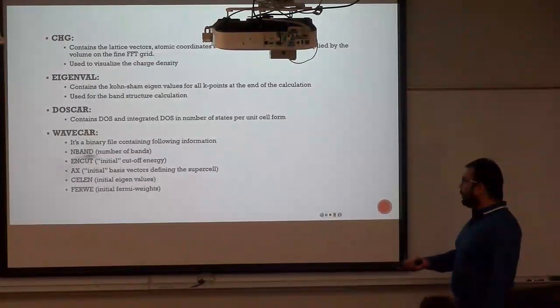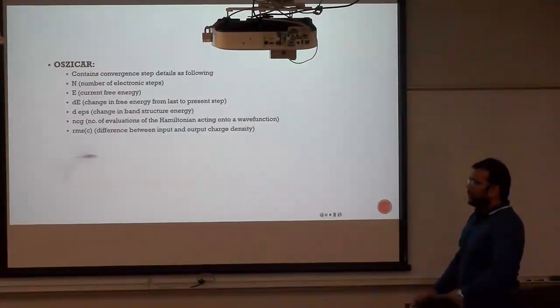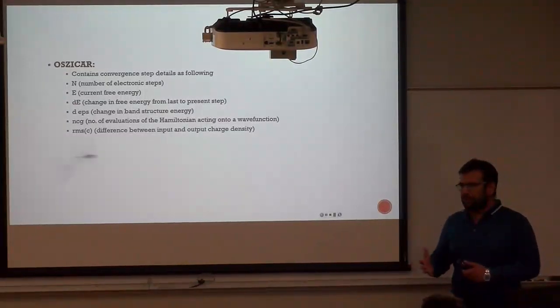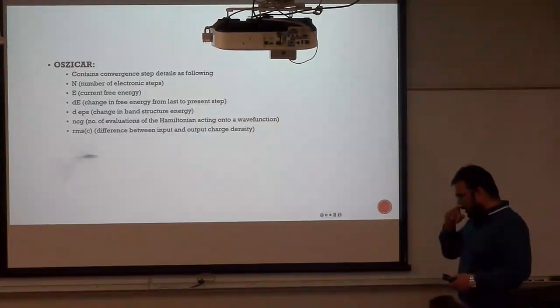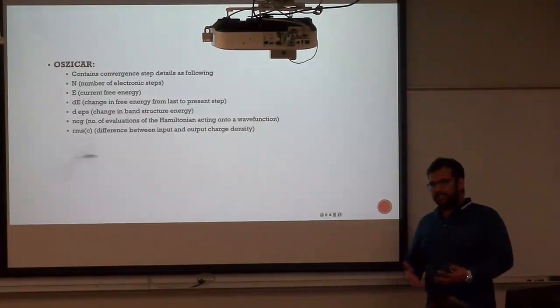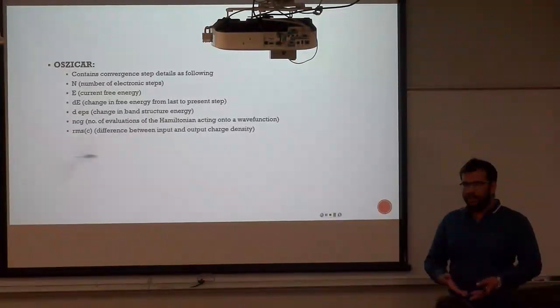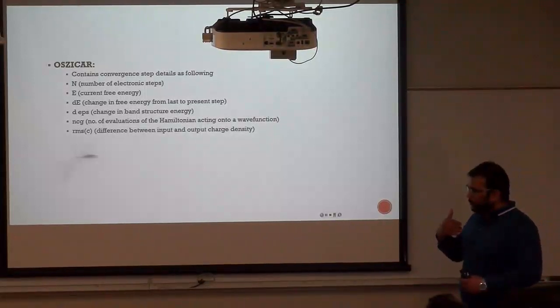That's a binary file. And after that, we have the OSZICAR file. This OSZICAR file basically contains the convergence information, like how many steps we need for the convergence. Suppose for one specific calculation, I am setting the NSW value to 500 or 100.